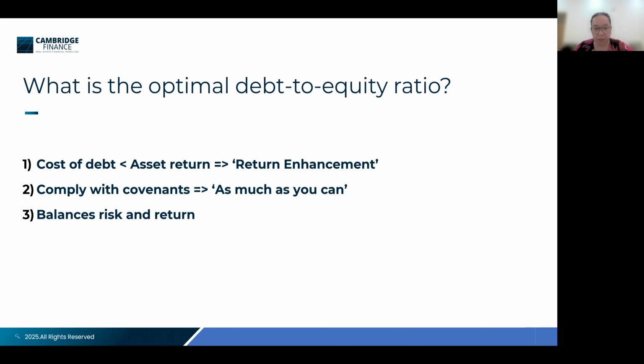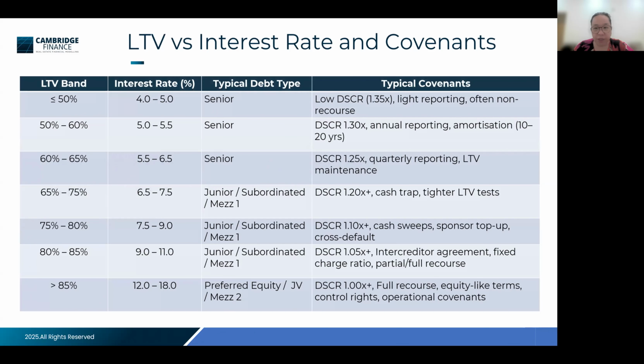Okay, and we're going to look at it as well. So here is just a table showing the typical scenarios, what we need to look out for when we are raising debt and equity, right?